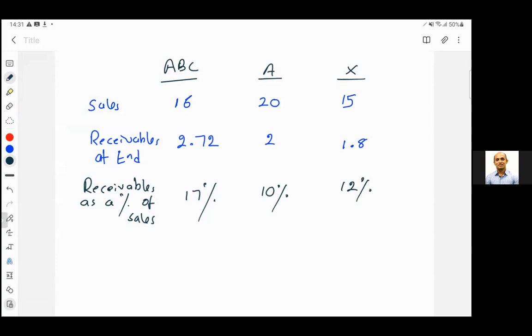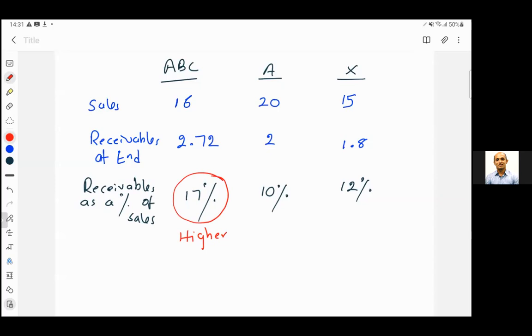Now you see, your company's receivables are large. So your company has a higher level of receivables compared to competitors.